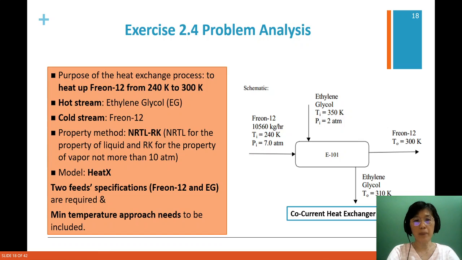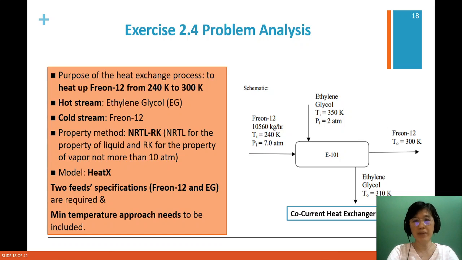Okay. The property method recommended here is NRTL-RK. The NRTL is for the property of liquid and RK for the property of vapor, which is not more than 10 atm. So the model used must be HeatX, as stated in the question. Two feed specifications are required, hot stream and cold stream. In this case the hot stream is ethylene glycol, and the cold stream is fuel 12.